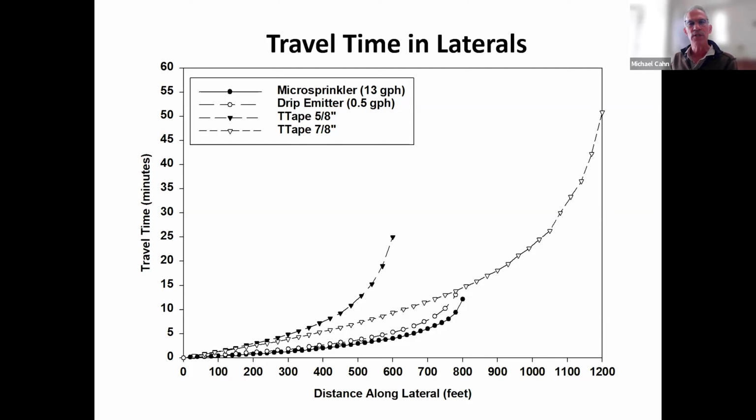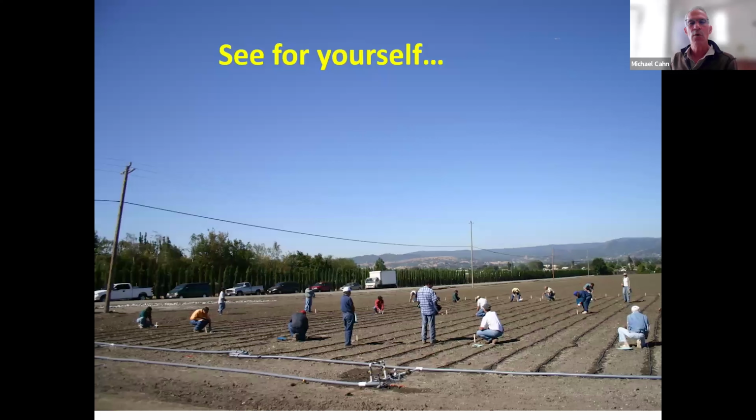And just to illustrate this more graphically, we would in the past do these type of trainings with growers out in the field where we put out a small drip system and we would inject dye into this system, and everyone would measure when that dye arrived, and also we would measure the uniformity of the irrigation system at the same time.